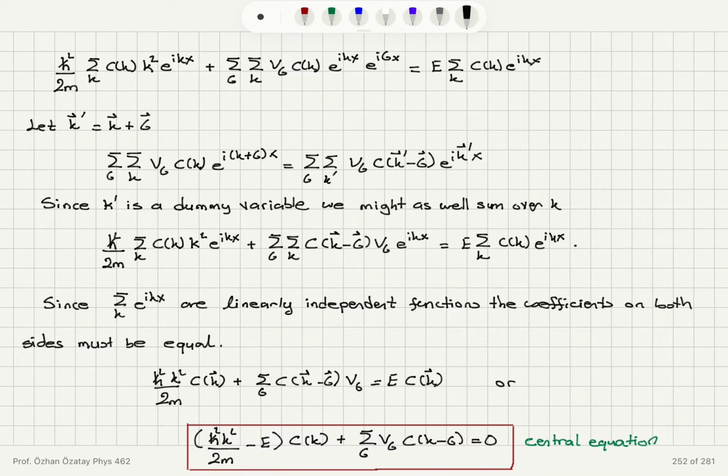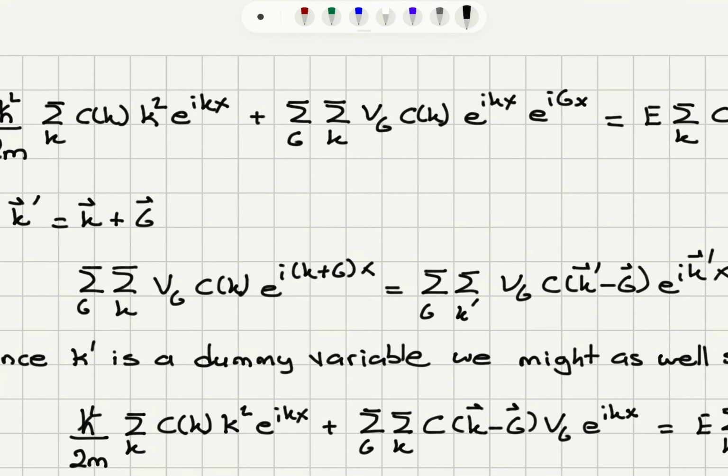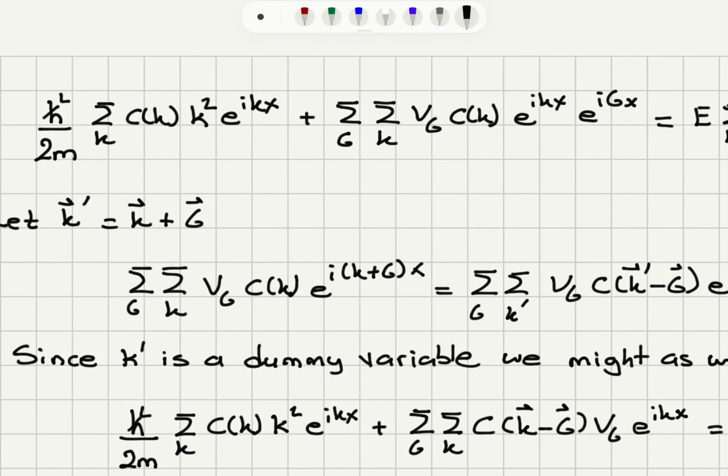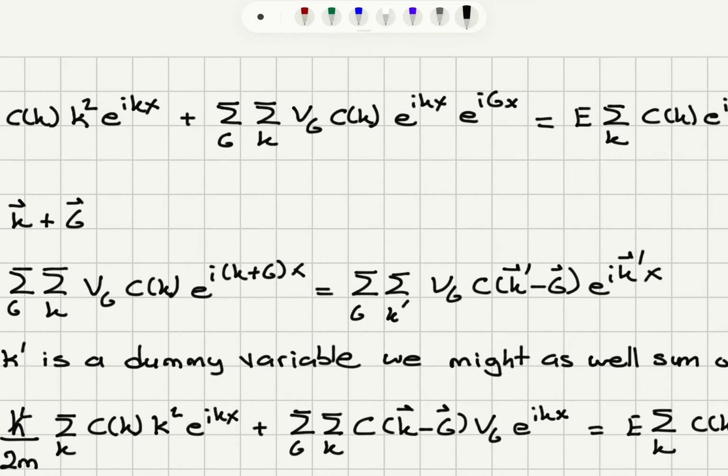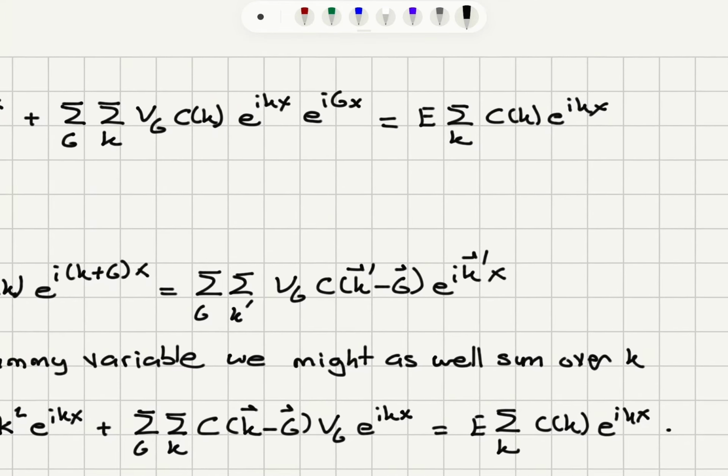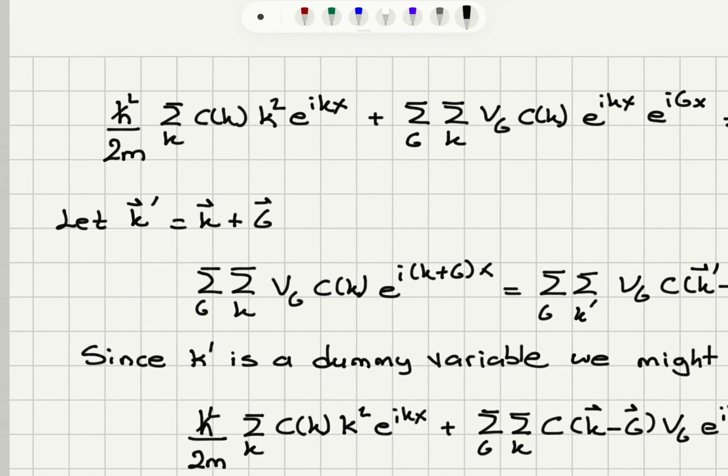So the first term, as I said, gives us the k squared, and the minus sign disappears because we have (ik) squared. And then the second term, sum over g, sum over k, V_g c_k e to the ikx e to the igx, and then we have energy times the wave function.